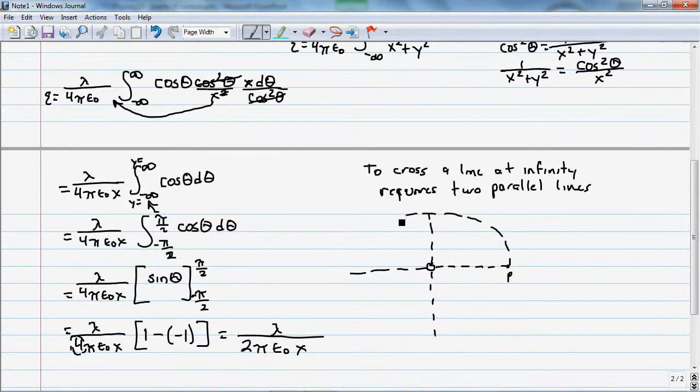Everything that's on a circle, no matter which angle I go, will have this as my electric field strength.